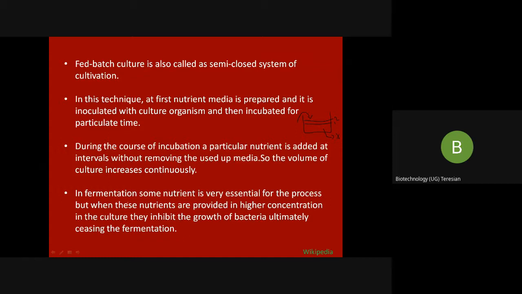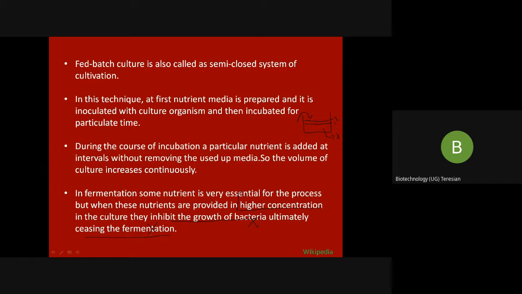But when you provide these nutrients at higher concentration in the culture, they try to inhibit the growth of the bacteria, ultimately ceasing the fermentation. So no fermentation is occurring. Why? Because your higher concentration of nutrient is inhibiting the bacteria and ceasing the fermentation.